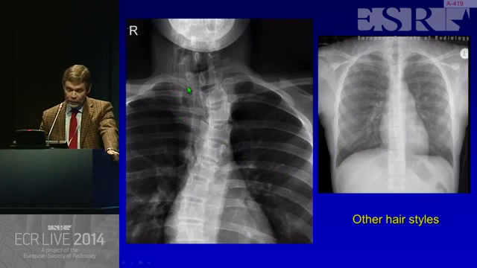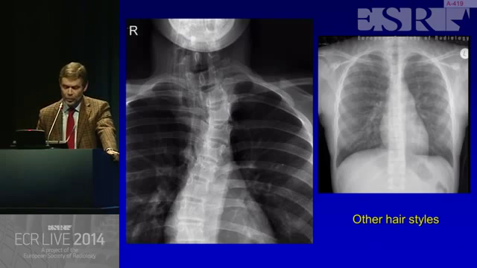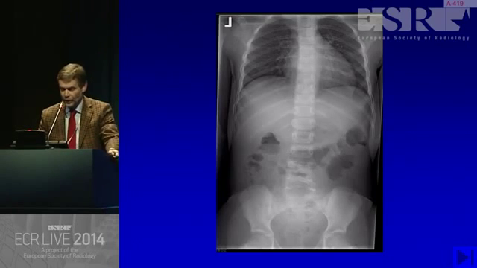And we have different hairstyles like this. This might be a Chinese girl, and this might be an Afro-American girl or an African girl with Rasta hair. You have different hairstyles, and you should be familiar with that before accusing those children of severe pathology.